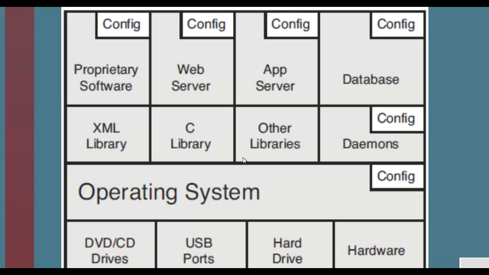On top of that, there is an operating system which you configure, and on top of that you have several libraries like XML library, C library, other libraries, daemons, etc. You configure it, and on top of that you have proprietary software, web servers, application servers, database, etc. There are a lot of things to configure.